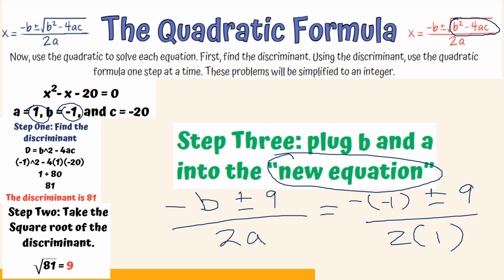B, again, over here was -1, and A was 1. We have to remember our signs here because it's easy to make a mistake at this point. So a negative times a negative is what? That's right, it's a positive. So we will have a 1 plus or minus 9 over whatever 2 times 1 is, which is 2.